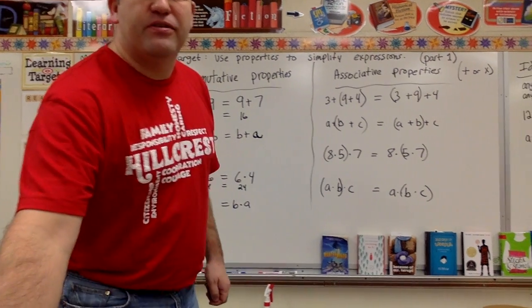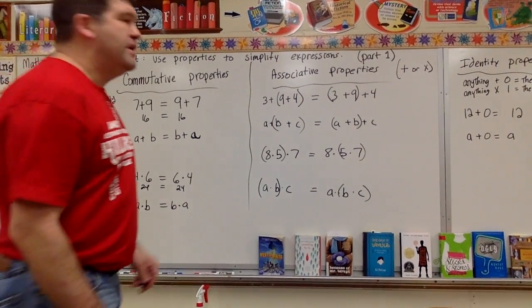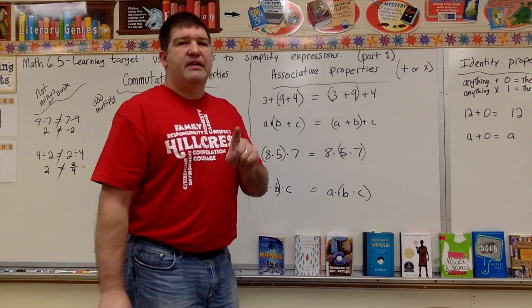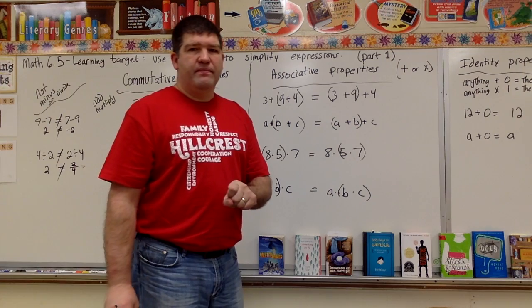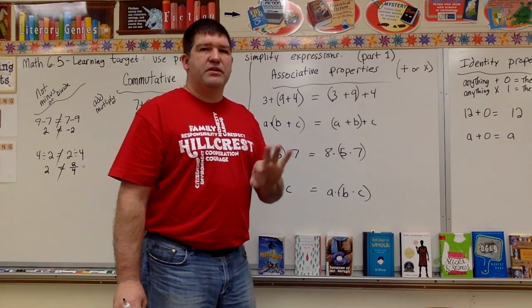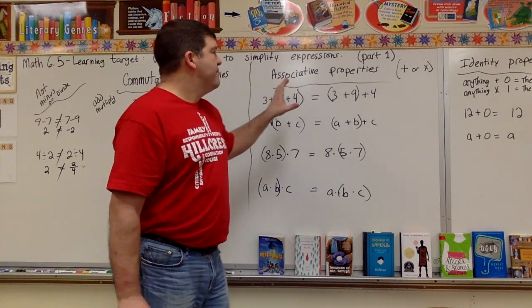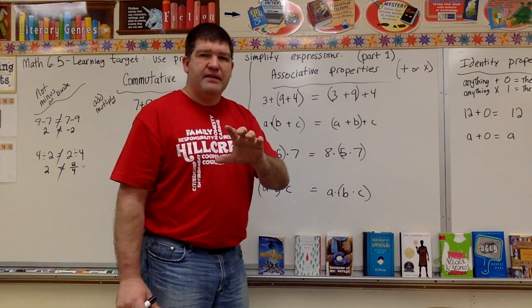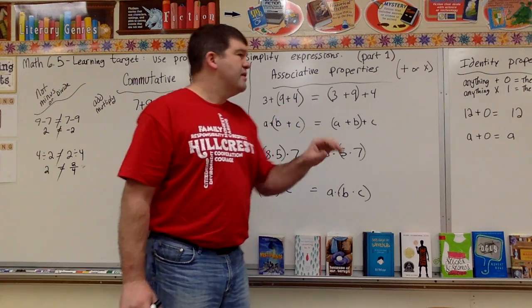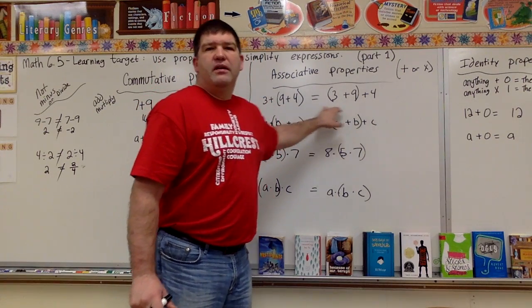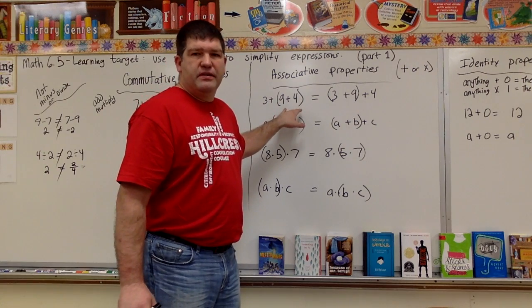Let's go over here to the associative property. This again has to do with adding and multiplying. It will not work with subtraction and division. What it says, associative properties, is that if you have numbers in the same order, it doesn't matter what you do first.